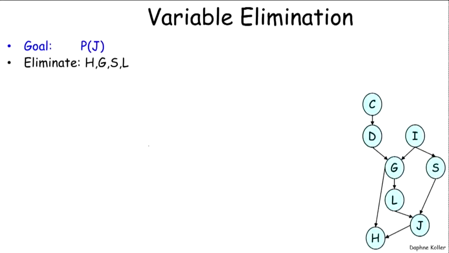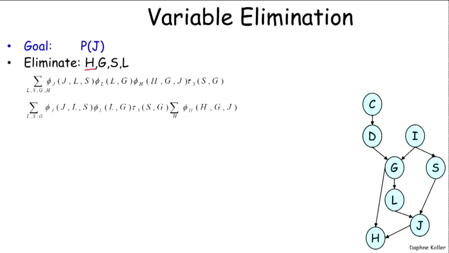Now our goal is to eliminate h. Well, h is a little bit of an interesting case. The only factor that mentions h is this factor, phi of h. And if we think about what phi of h is, phi of h, as it happens, is p of h given g and j. And so if we're summing that up over h, we're actually summing up what is, in fact, a conditional distribution.